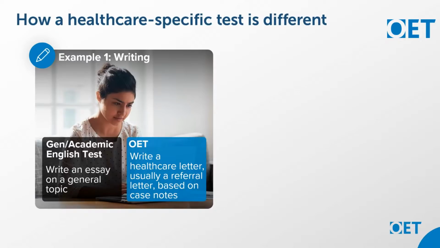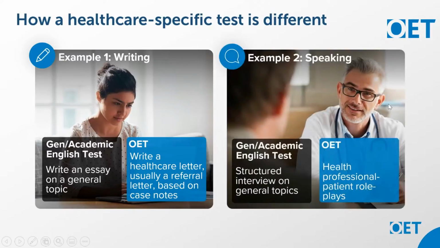So in OET, your writing test is to write a healthcare letter based on case notes, just as you would in the workplace. And when it comes to speaking, in a general or academic English test, you might have an interview on general topics. You might have to describe a TV show or explain why crime rates are increasing or suggest ways to reduce plastic in the oceans.